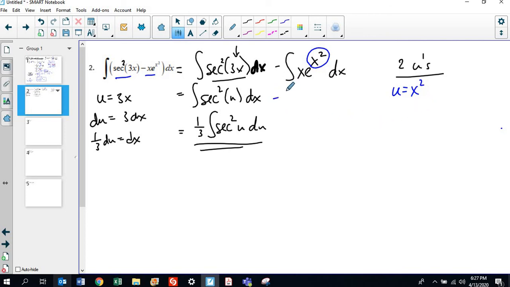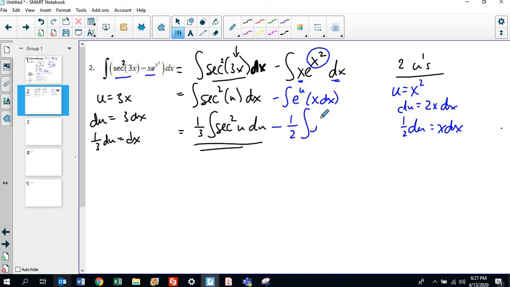When we put this integral together, we get e to the u, and then what's left is x dx. I'm going to take the du. I get 2x dx. I don't have a 2, I just have 1, so divide both sides by 2. Then I pull out the 1/2, and I get e to the u, substituted by 1/2 du. The 1/2 is out front, du.